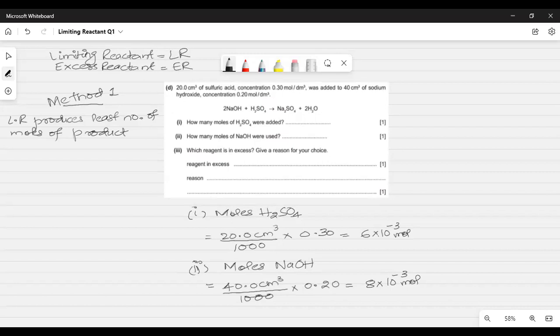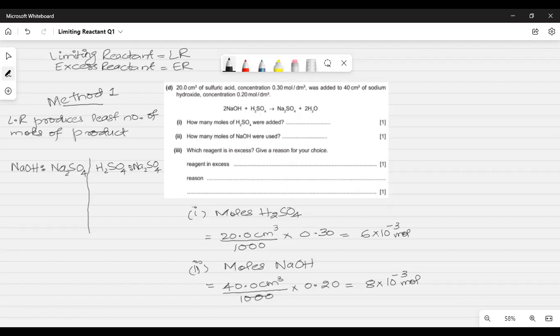Since LR is going to give us least number of moles of product, what we do is that we take NaOH and we consider it with a ratio, and we can take ratio of any of our products. So I can either take water, I can take Na2SO4, but this time I'm going to go with Na2SO4. So in order to solve this question, I need to take the ratio side by side, and I'm also going to take the ratio of H2SO4 along with Na2SO4, right?